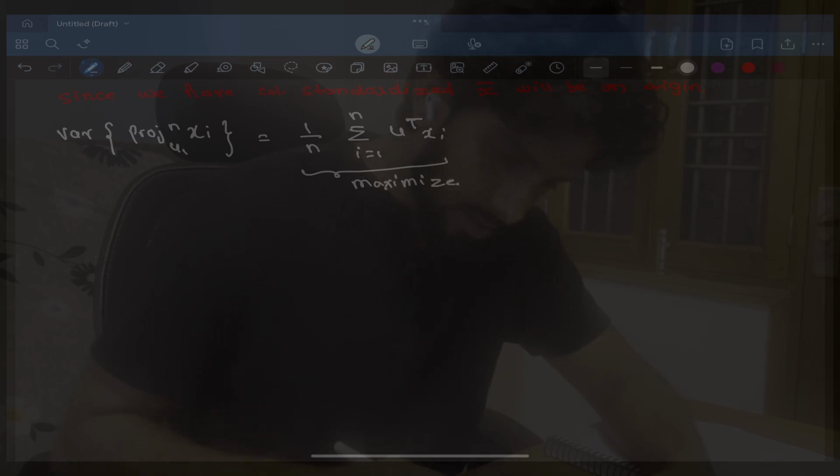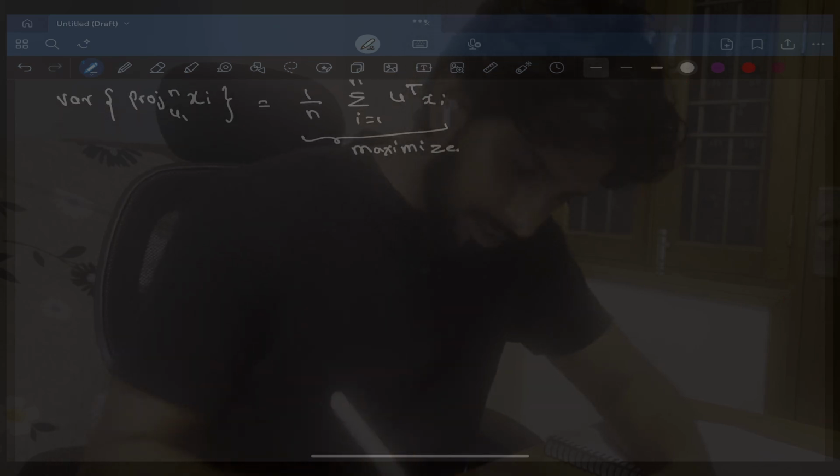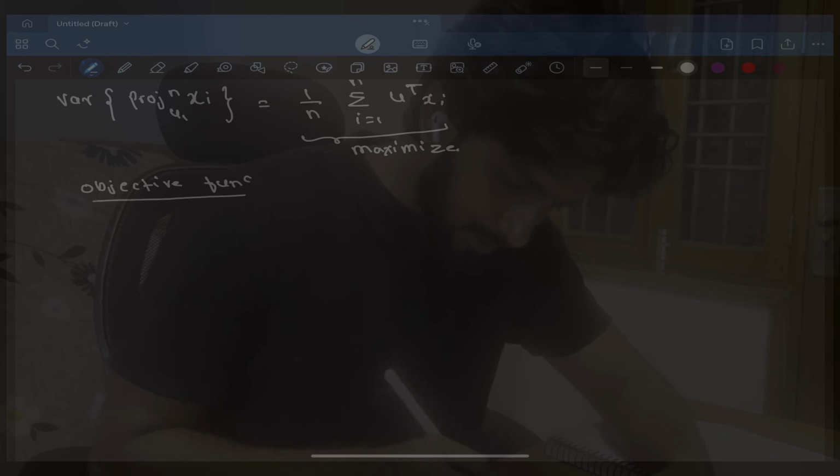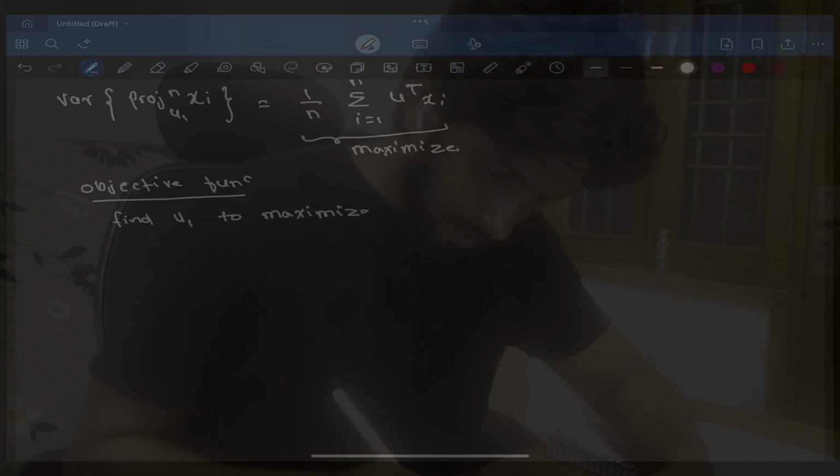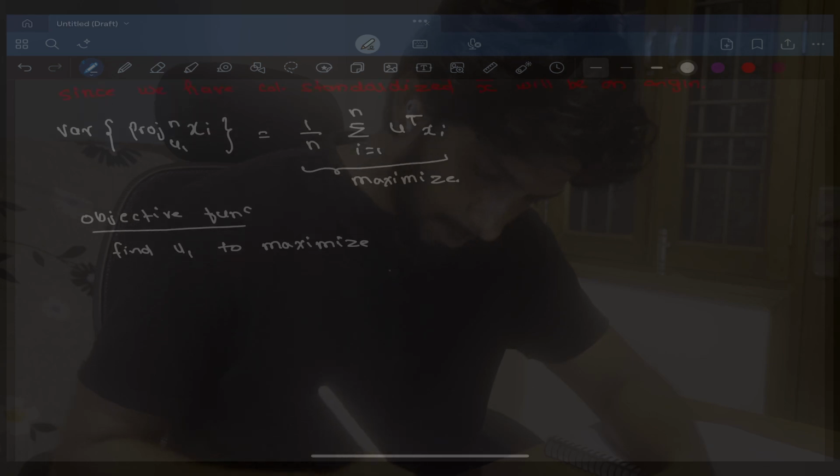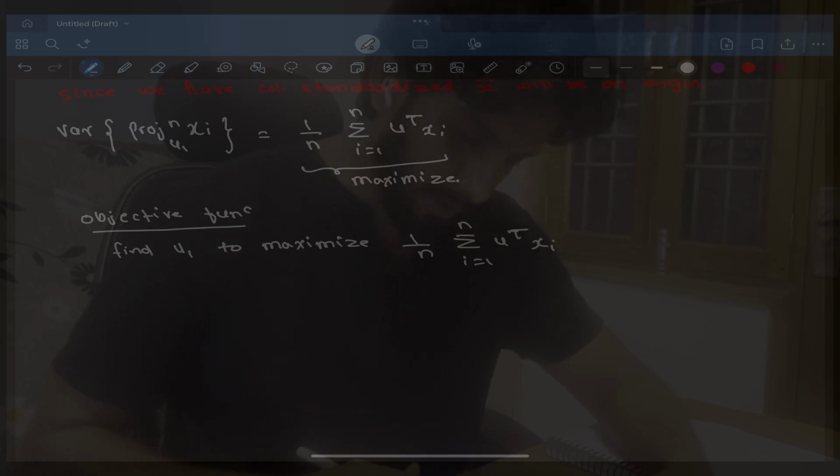So our objective function can be written as: find u1 to maximize this expression.